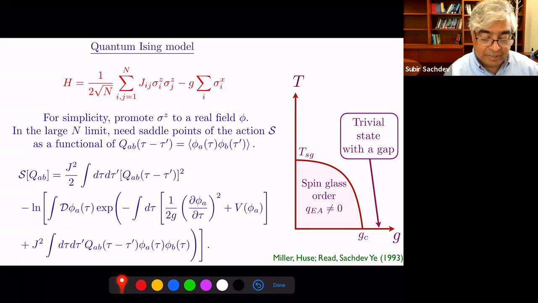So that's quite a complicated problem, but it has been fully sorted out already in the early 90s, and we understand the basic structure, which is summarized in this phase diagram. And what's the reason for the simplicity? The simplicity is that there's another limit where this model becomes very simple, which is when g goes to infinity. If g goes to infinity, then the spins all point in the x direction.